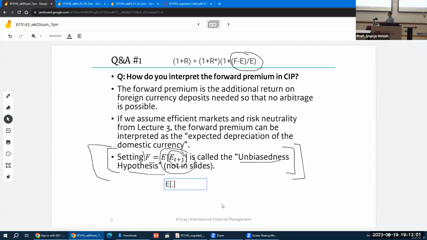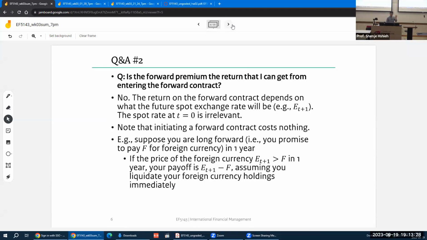It means I'm taking the average of all possible beliefs about what future E is going to be. The unbiasedness hypothesis is saying that the future price should somehow capture those average beliefs. That's just intuition, but I'll get to the economic assumptions necessary to get that to be true.